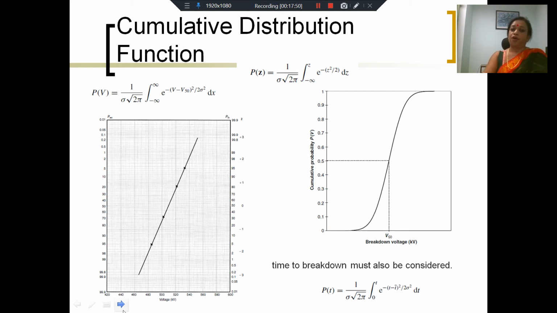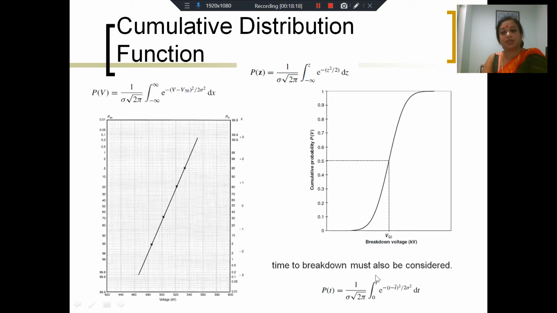So we should also have a probability distribution function for the time to failure. For example, here I have written down the cumulative distribution function for the probability as a function of time, which is also expressed as a normal distribution curve, 1 by sigma root 2 pi, integration 0 to t.